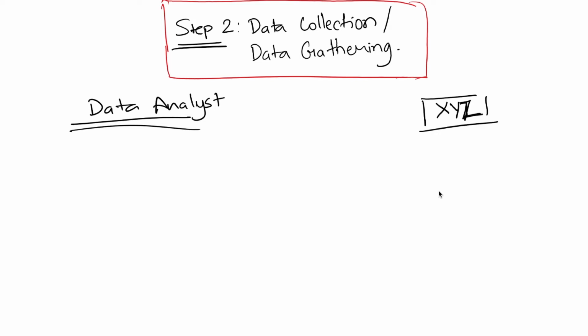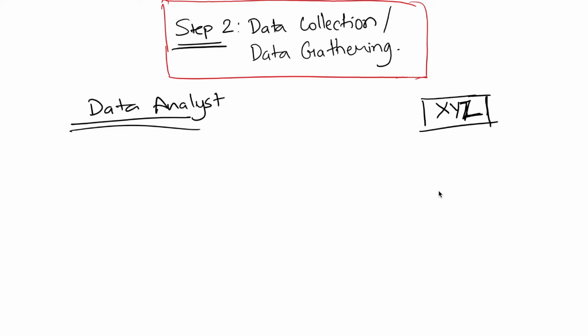Now, you have already understood the business process part of this XYZ client. The second step of the KDD process is to actually go out and collect data, because as a data analyst, mostly 95 to 97% of the time, you're going to be working with data. So today we're going to talk about the different ways you can actually go and collect data.